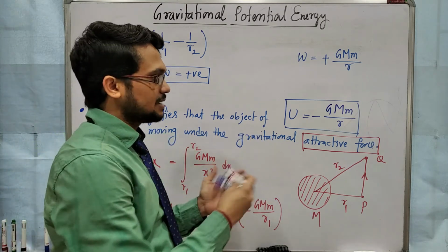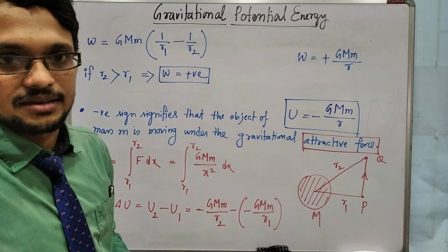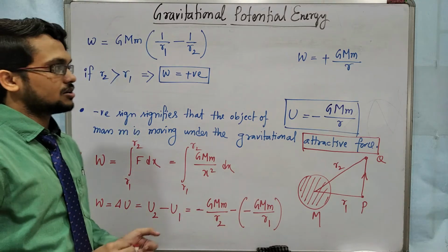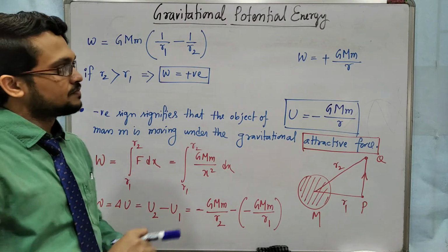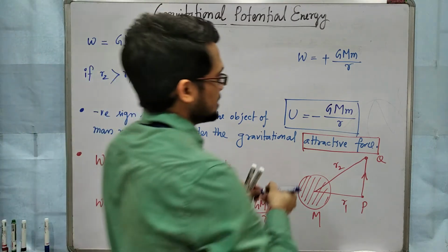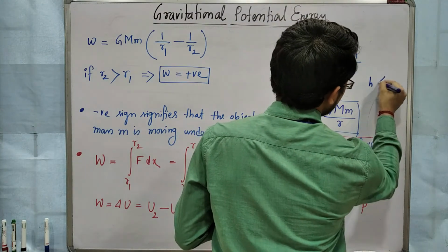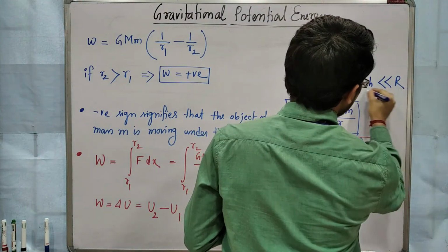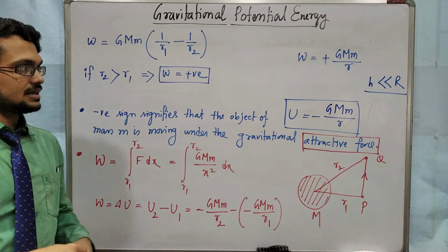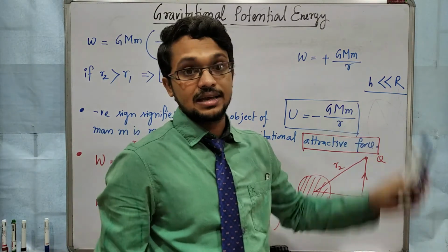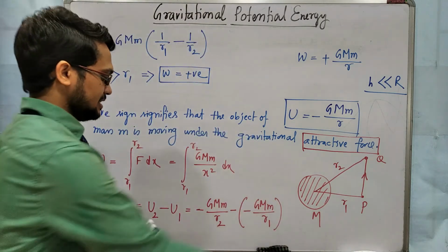So we'll derive that and check whether that formula is correct or not. The condition to derive that formula is that h is very much smaller than capital R, the radius of earth. In this situation we use the formula mgh, right? So we'll see that.